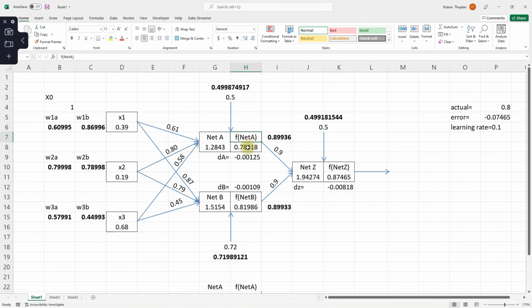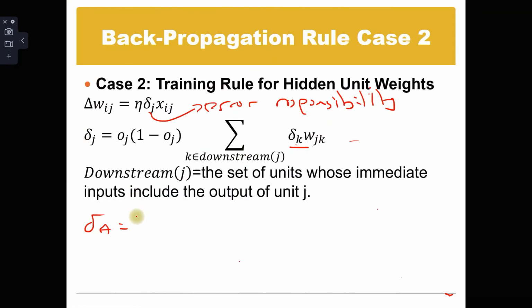The output at node A is the sigma net A that you have obtained, which becomes the input for node Z. The output at node A is 0.78318, multiplied by 1 minus 0.78318, multiplied by the sum downstream.